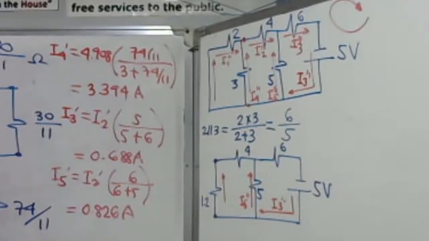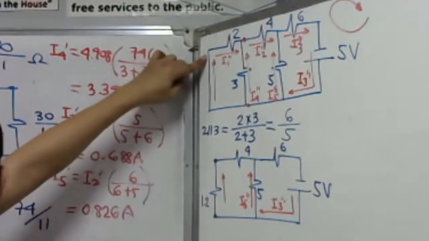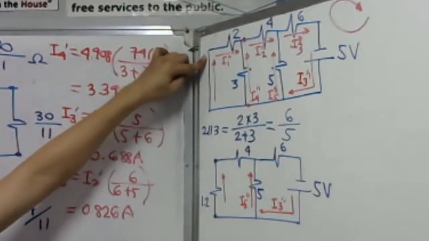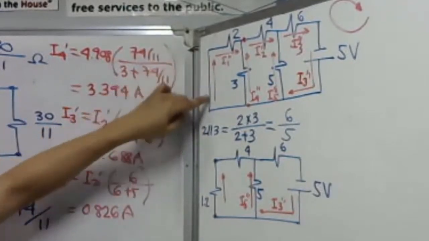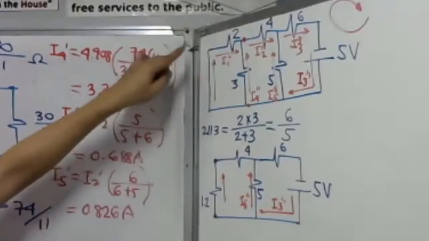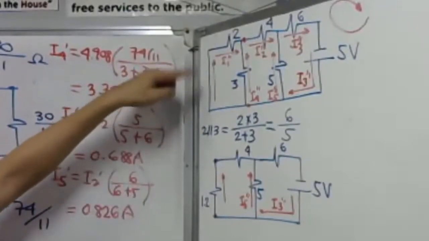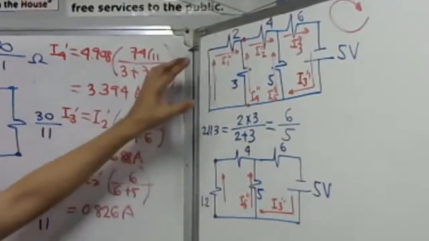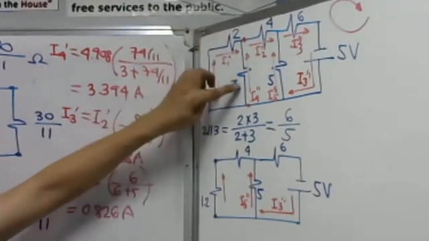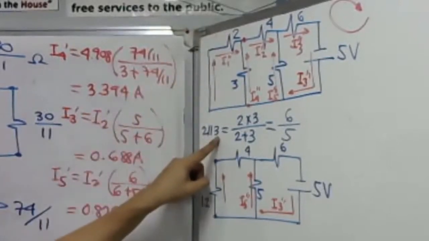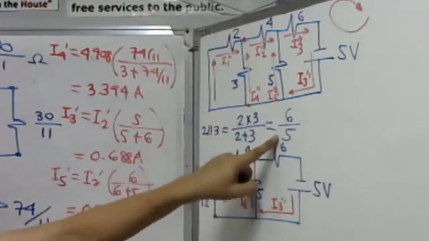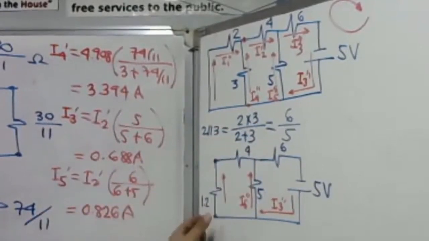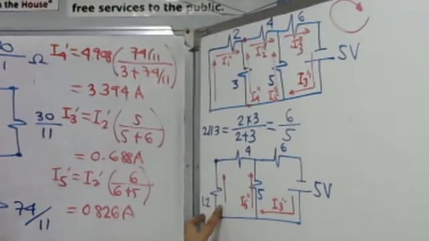So, we already short-circuited this circuit. I short-circuited this. So, we have here 2 ohms and 3 ohms. 2 is in parallel with 3, so this is 6 over 5, which is 1.2.